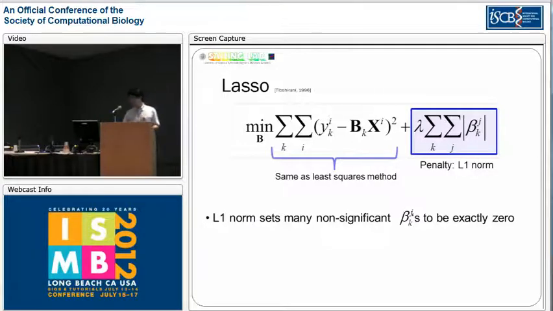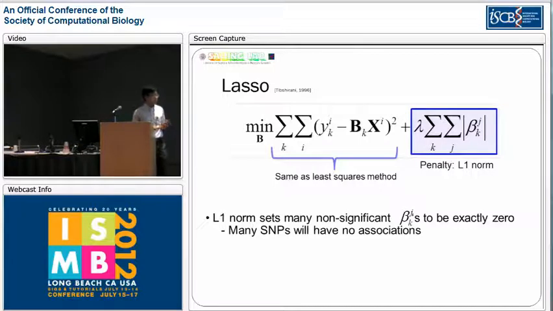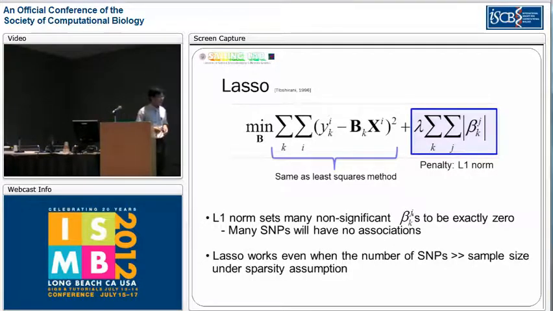It means that many SNPs will have no associations, because if this element is 0, it means that there exists no association between the jth SNP and the kth gene. And Lasso works well even when the number of SNPs is larger than the number of samples, under the sparsity assumption.